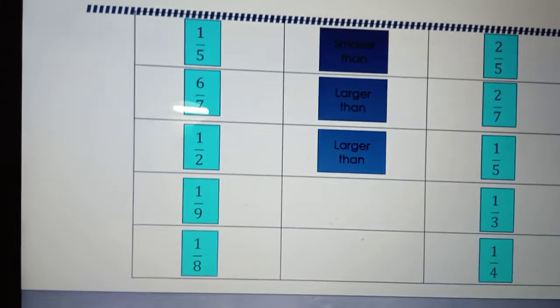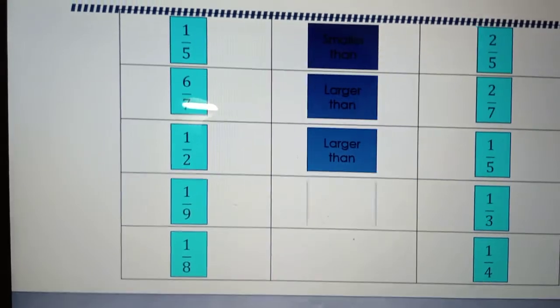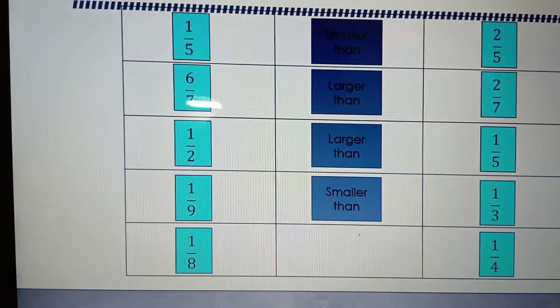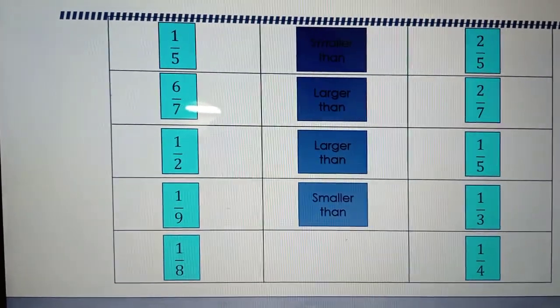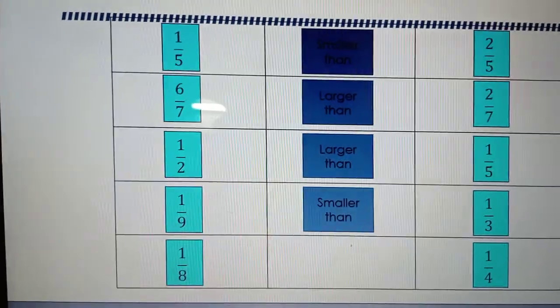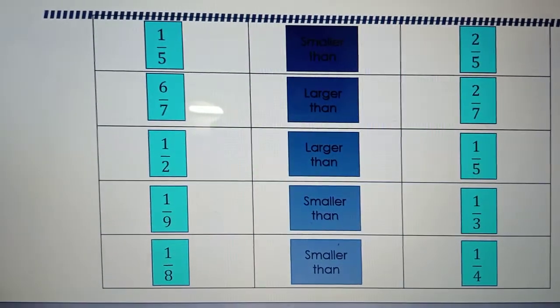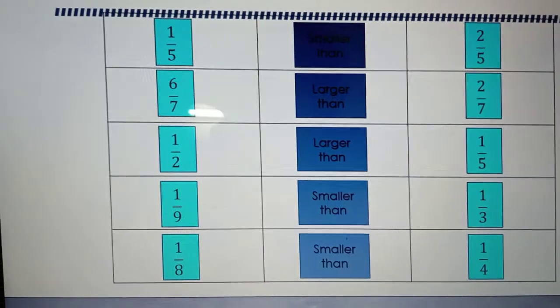When we cut more, the size will reduce. So smaller. Okay, is 1 over 8 smaller or larger than 1 over 4? Okay, smaller.